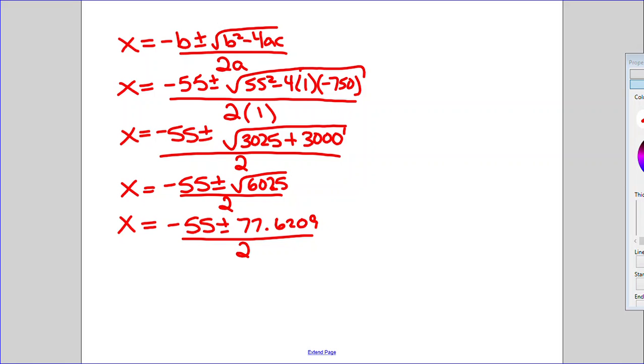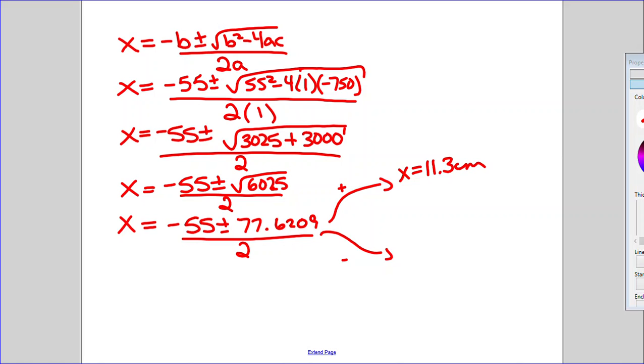So that gives me two potential answers: one for the plus root and one for the negative root. If I take the positive root, negative 55 plus 77.6 divided by 2, I get x equal to 11.3 centimeters.